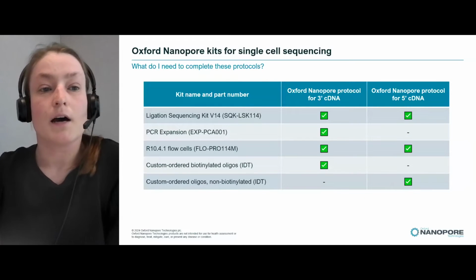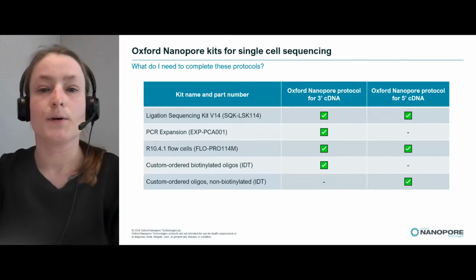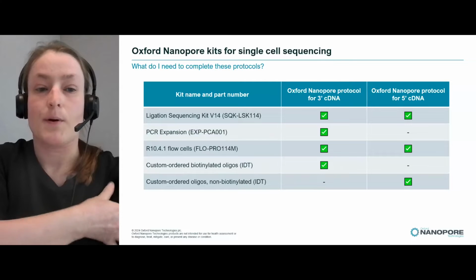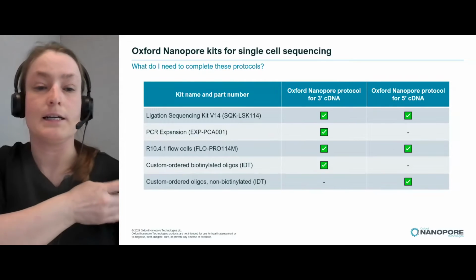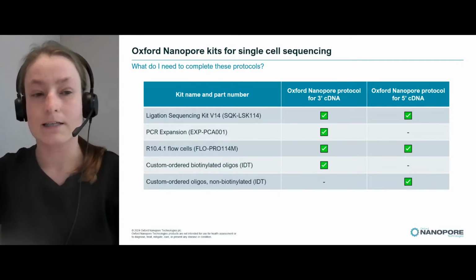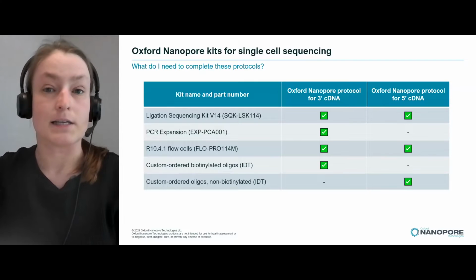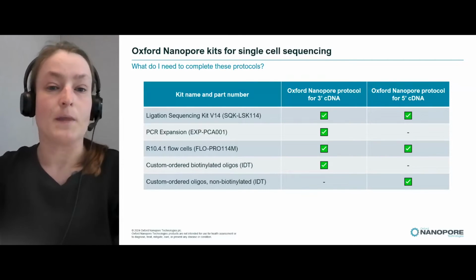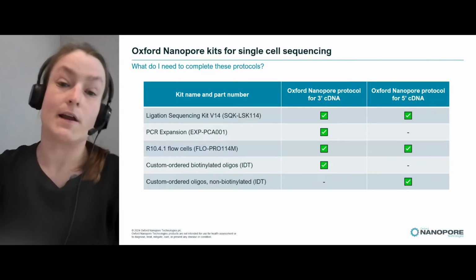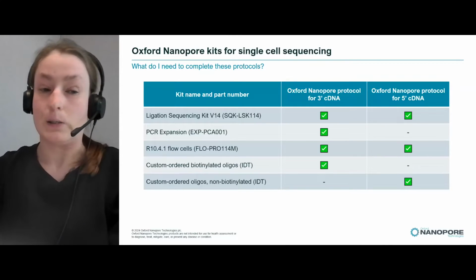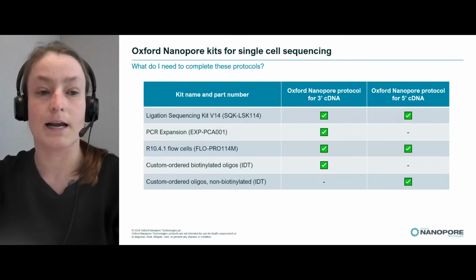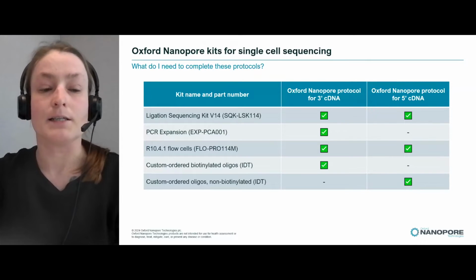So what would I need as a customer to run these protocols? As I said, there's a little bit more involved in the 3'. For both, you would need an LSK114 kit. This is the ligation sequencing kit. You might have heard of this before. Some of you might have even used it. It just has the adapters and everything ready for you to prepare libraries for sequencing. Specifically for the 3' cDNA, you would also need the PCR expansion.